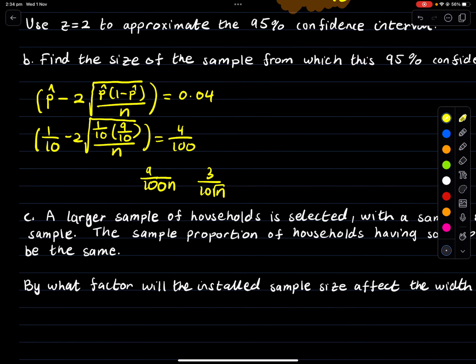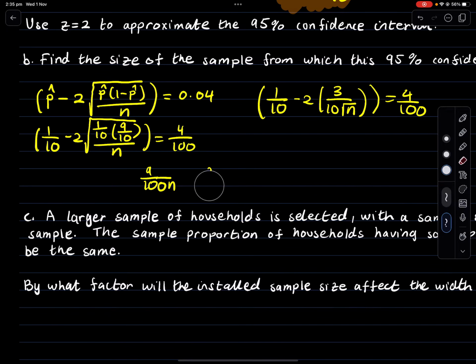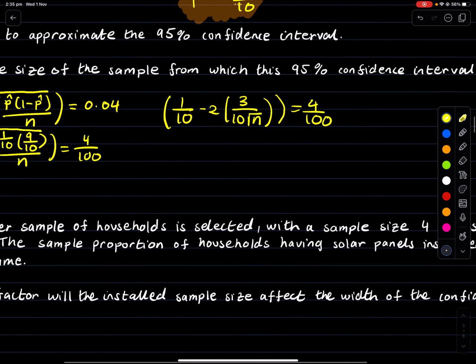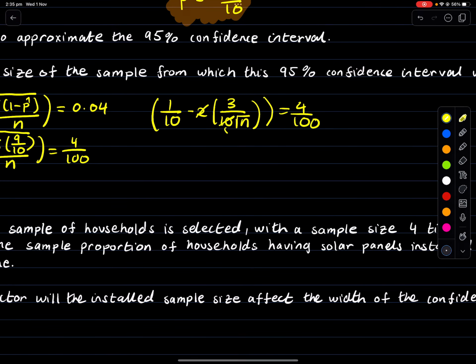So this would become 1 on 10 minus 2 times 3 over 10 root n, all equal to 4 over 100. So this here becomes 1 over 10 minus 3 over 5 root n is equal to 4 over 100.